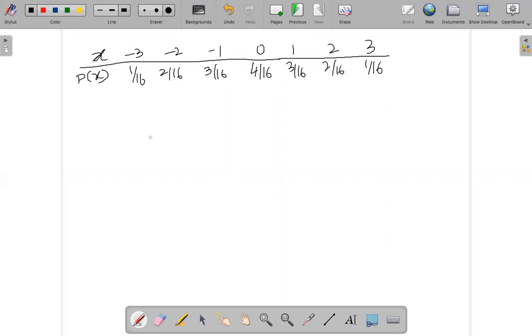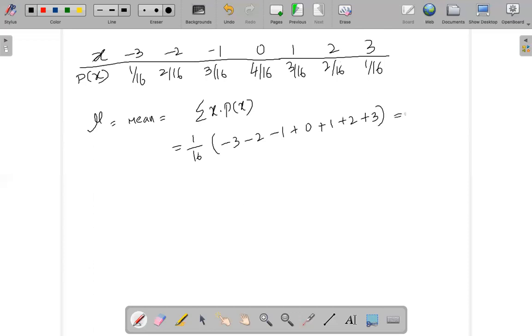So we got this. Now let us find the mean, which is mu, summation x P of x. This is 1 by 16, which is common, times minus 3, minus 2, minus 1, 0, 1, 2, 3. So the mean you get as 0.